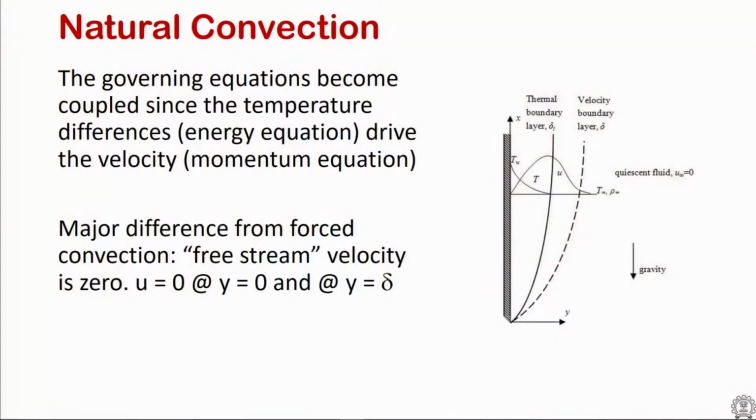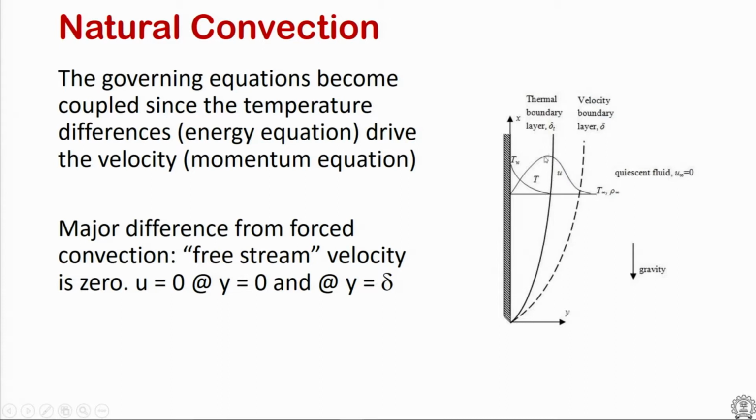One important aspect you can see from this figure is that the temperature difference is the driving force. The temperature difference drives a certain maximum velocity within the thermal boundary layer, and because of this so-called wall jet, that maximum velocity entrains a little more fluid from outside of the thermal boundary layer, and that is why you see a downward profile.